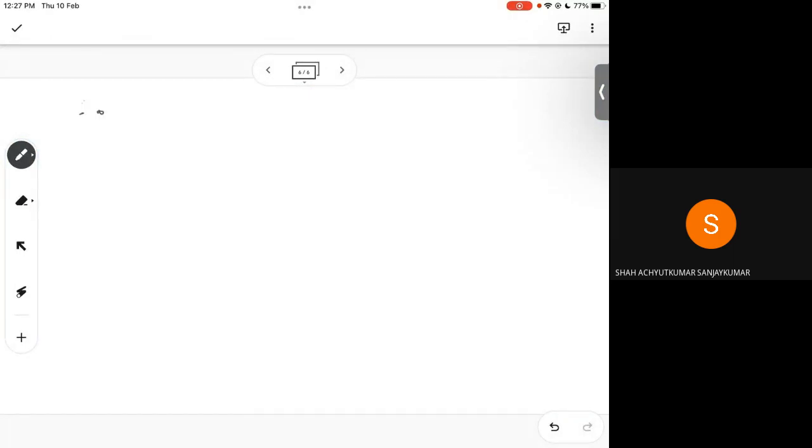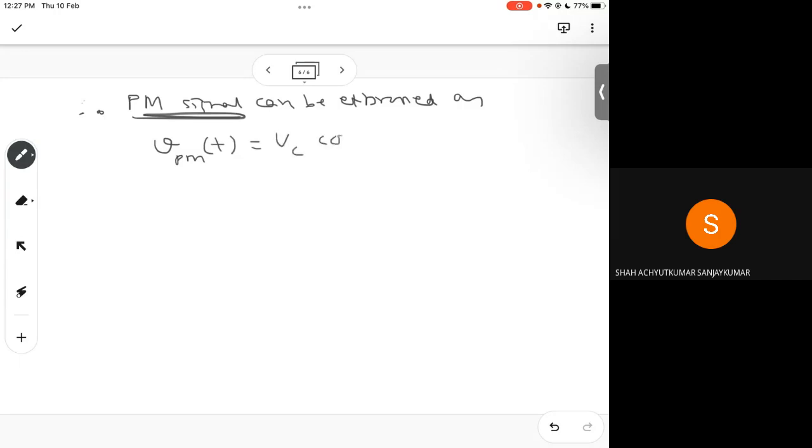Your PM signal can be expressed as v_PM(t). Remember that the carrier remains the same: cos(ωct + kp vm(t)). So it is in terms of the phase deviation, and similarly the other one was in terms of the frequency deviation.